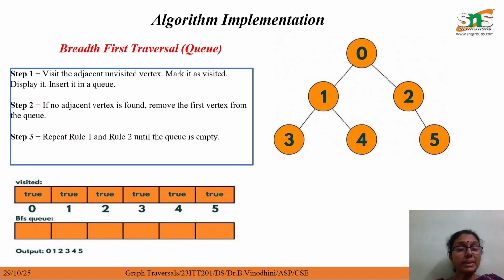If no adjacent vertex is found, remove the first vertex from the queue, and repeat the rule until we visit all the vertices. Suppose you have the graph on the right hand side. The BFS traversal of the given graph is 0, 1, 2, 3, 4 and 5. This is the traversal queue of the BFS traversal.